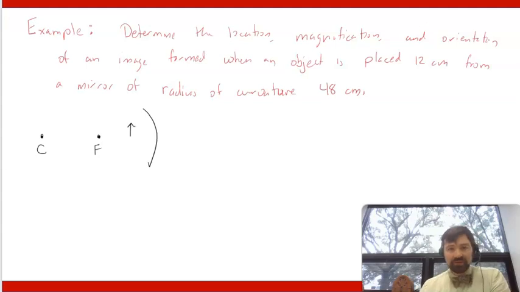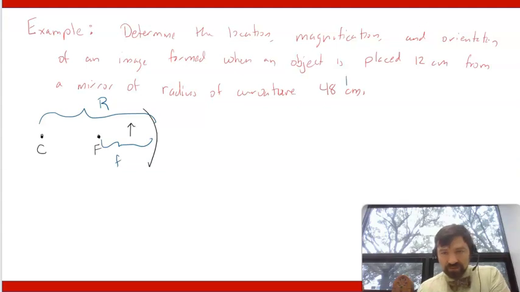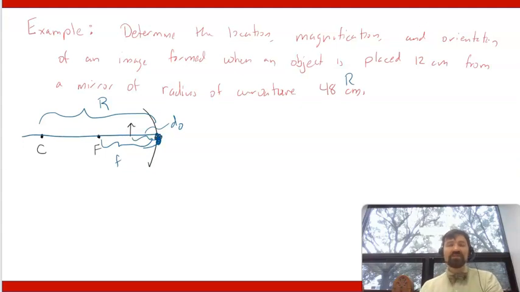This represents the focal length, this represents the radius of curvature, which is 48, and this distance represents dO. Notice that all these distances are taken from the same point, where the axis through the center and the focal point intersects the mirror.